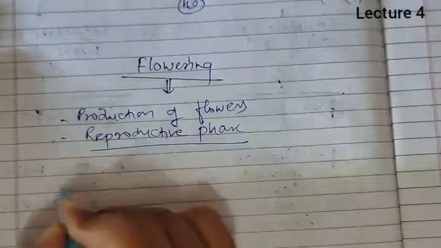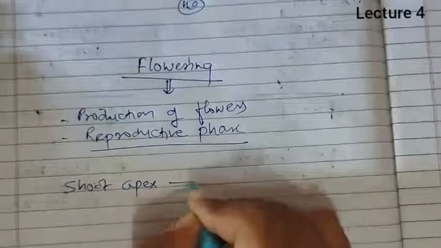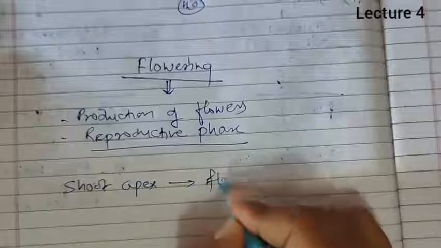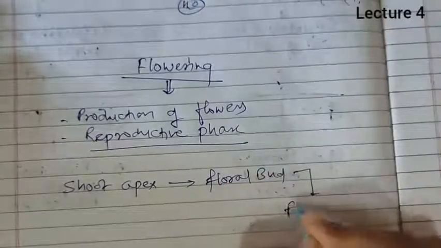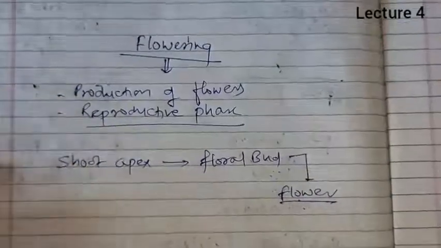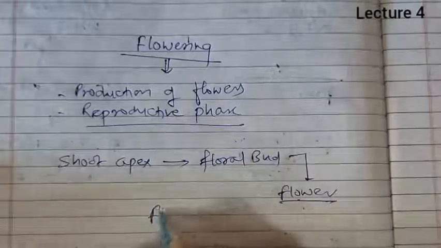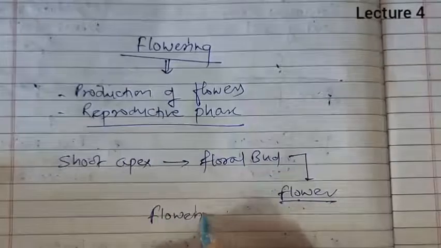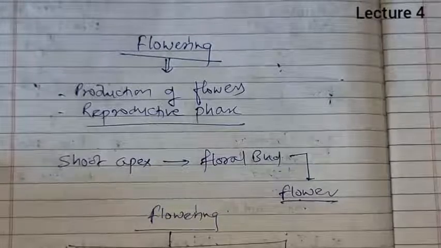Now in this flowering, what happens? Shoot apex or apical bud converts into floral bud, and this floral bud will form a flower, which can occur by hormonal regulation. Now flowering is influenced by two things, light and low temperature.